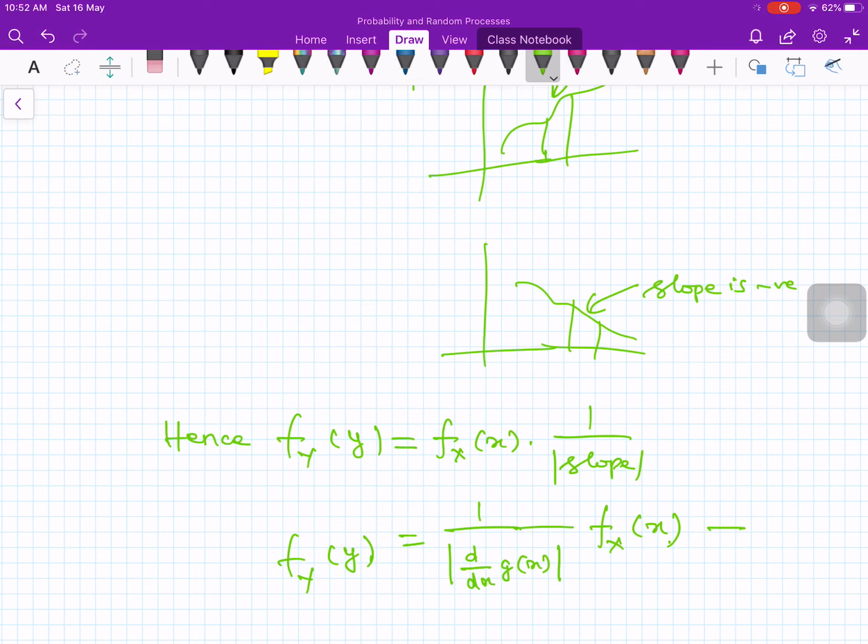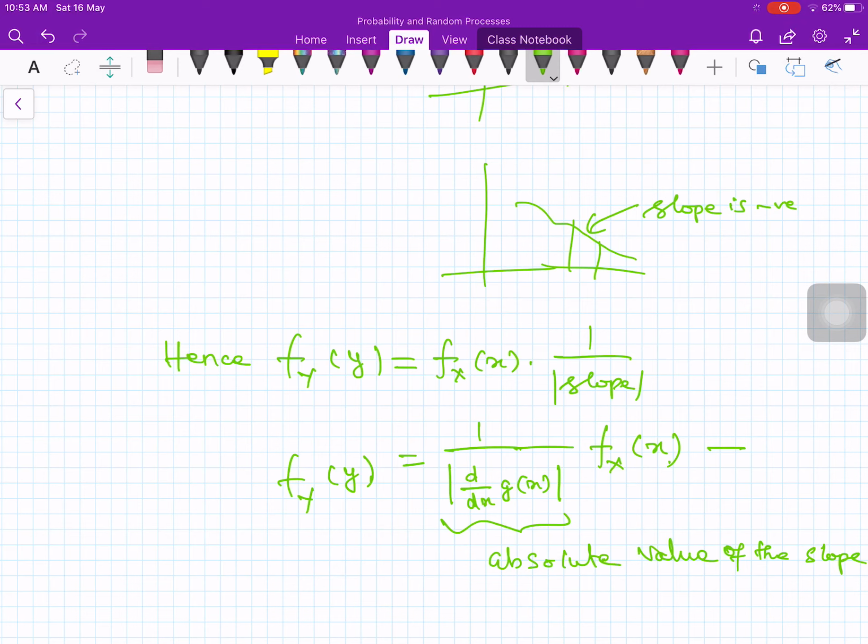But in the monotonically decreasing case, the only change you need to make is to take the absolute value of the slope. So whenever you have a monotonically decreasing function, you take the absolute value of the slope instead of the slope itself. Don't take the slope itself.